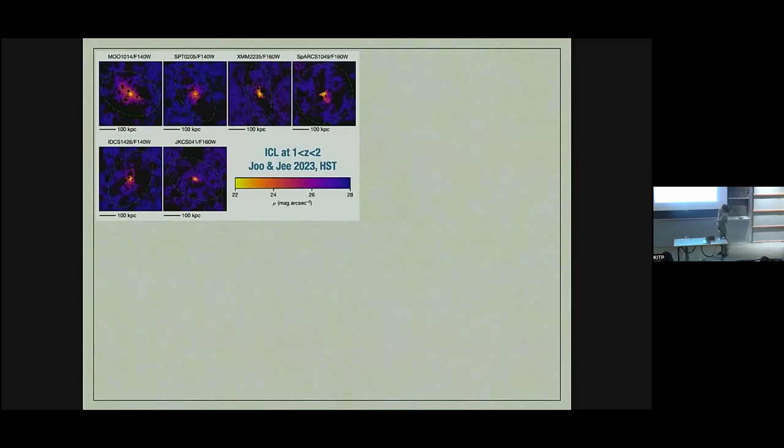One is by Zhu and Ji, who look at Hubble Space Telescope data of brightest cluster galaxies and intercluster light at a redshift of 1 to 2. So already seeing intracluster light at redshifts of 1 to 2.